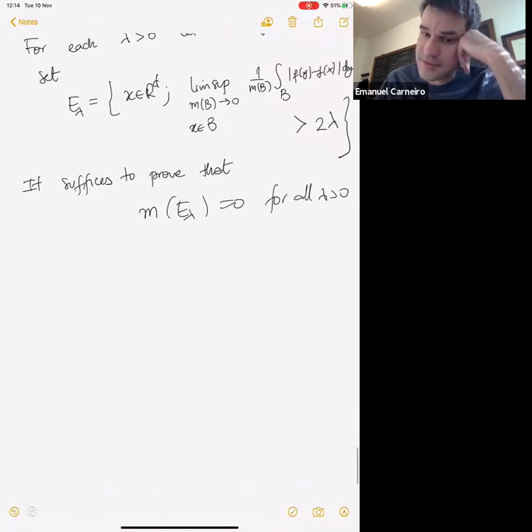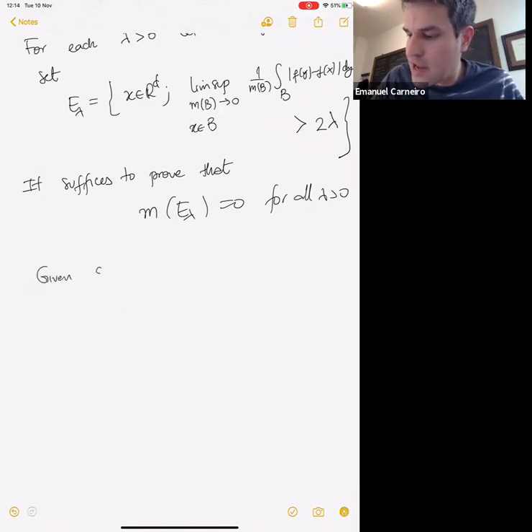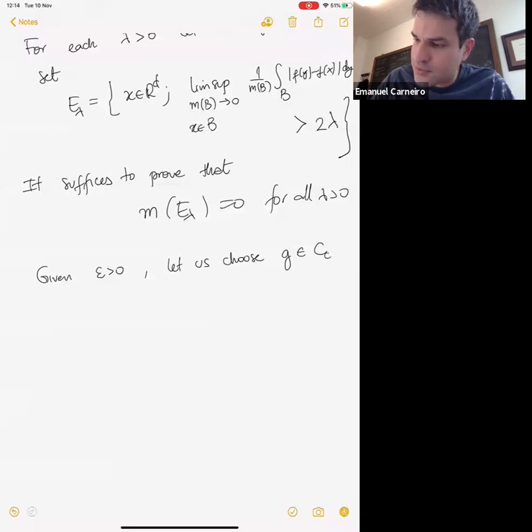To do this, we proceed as follows. Given epsilon bigger than 0, let us choose a function g, continuous with compact support in R^d.